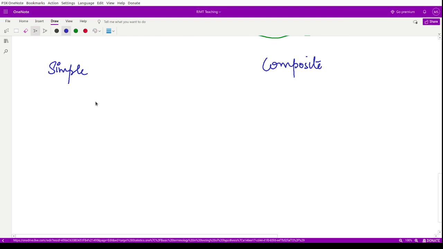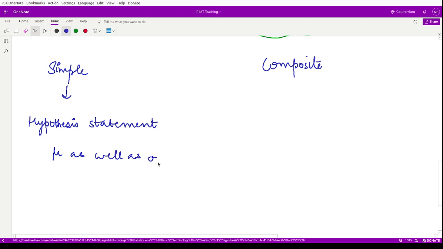So in this hypothesis, what we say is, if in our hypothesis statement we define both the mean as well as the standard deviation, then this is a simple hypothesis. So that means a hypothesis which specifies all the parameters, that is a simple hypothesis.